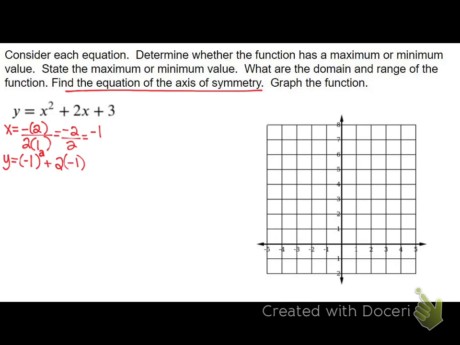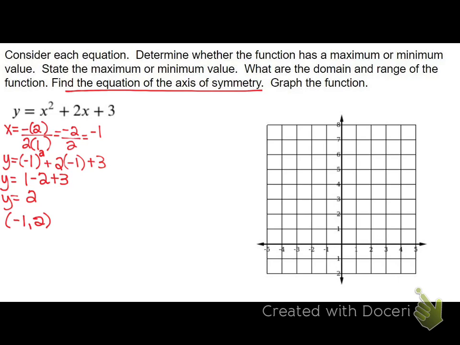And then plus 3. Very good. Okay. So then what's -1 squared? Positive 1. Then 2 times -1? Negative 2. Then plus 3. If we keep simplifying that, what's 1 minus 2 plus 3? 2. Okay. So then what's my vertex? Negative 1, comma 2. So that's my vertex.